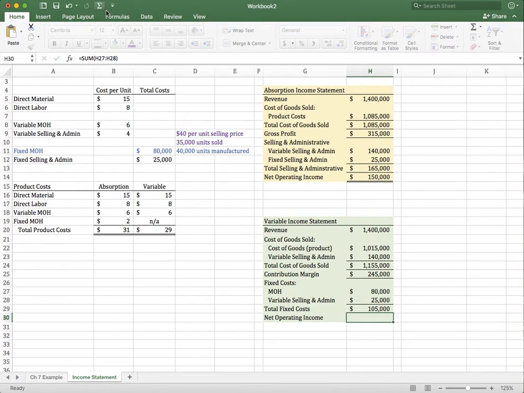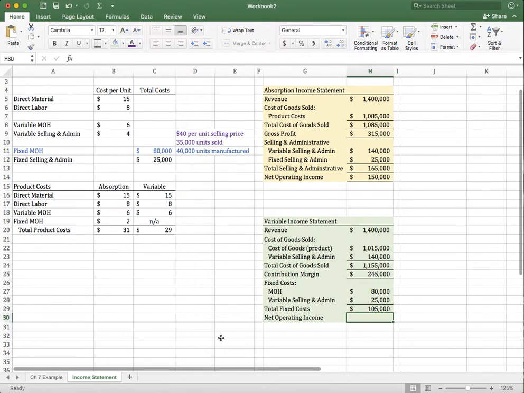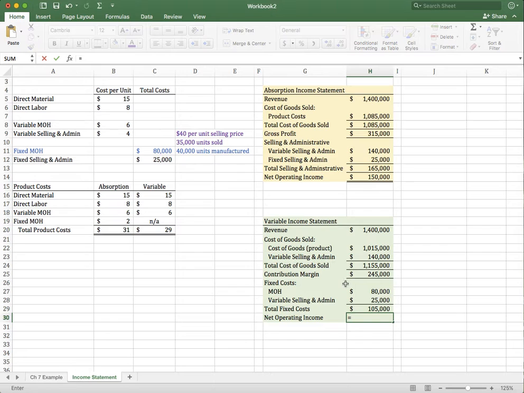Let's add the two fixed costs together, and that equals $105,000. Net operating income is the $245,000 less the $105,000, and net operating income is $140,000.